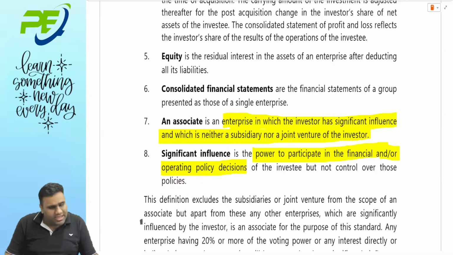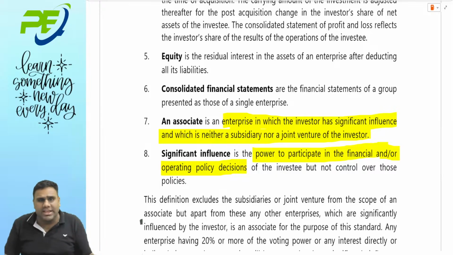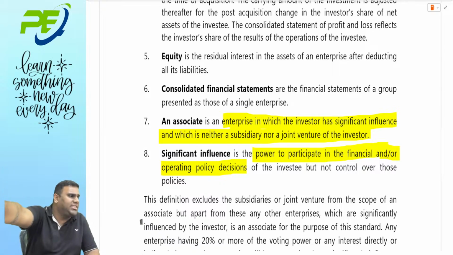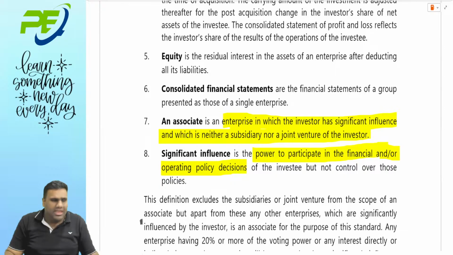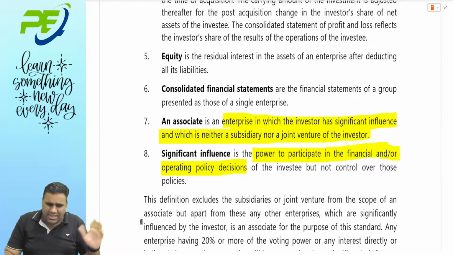But even if you don't have that, if you have the power to take financial decisions in that company, then you have significant influence. Just like in a subsidiary, where we have control over the composition of the board of directors. Same.